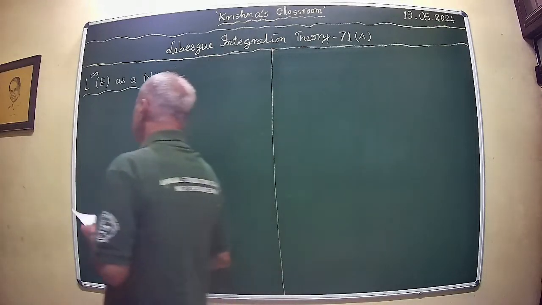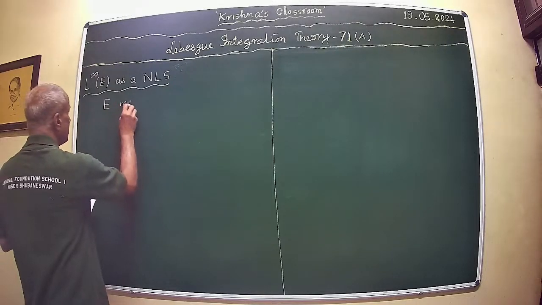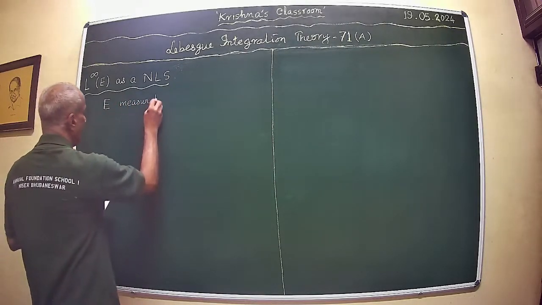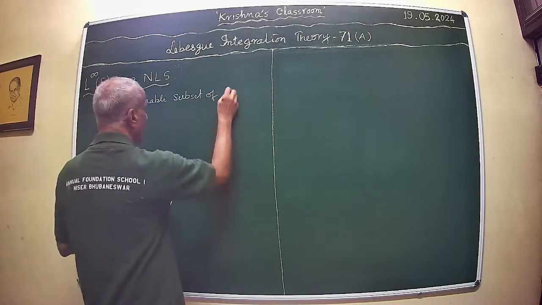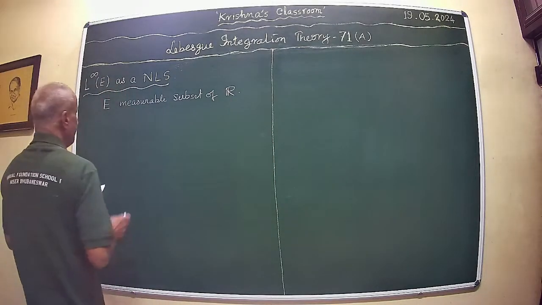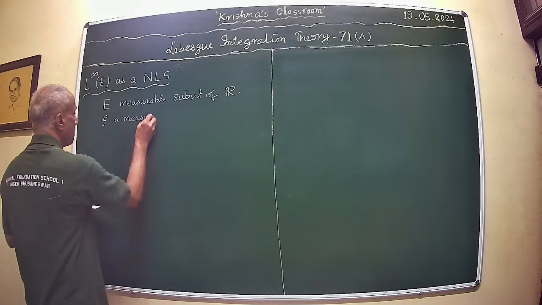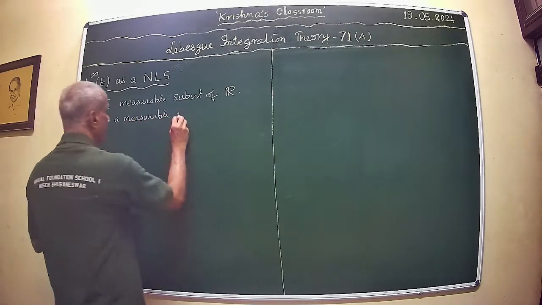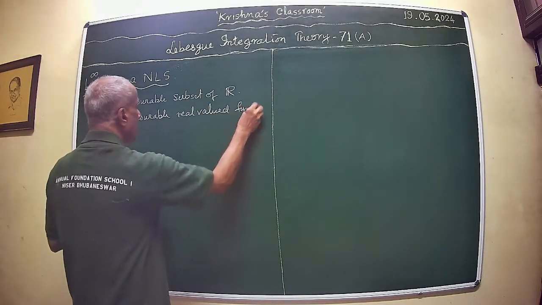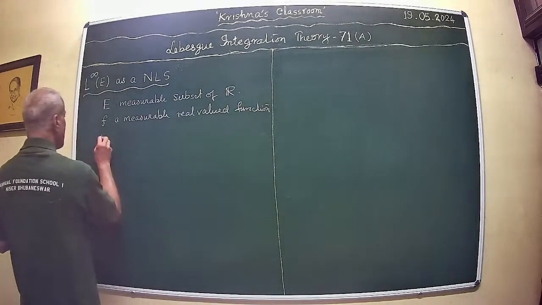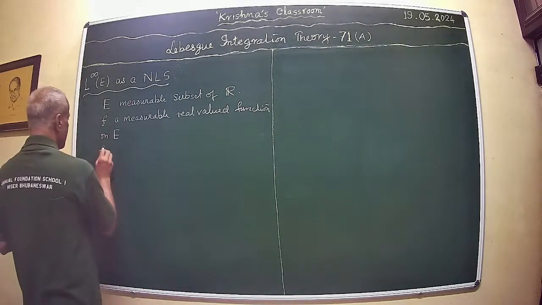Now, we had E as a measurable subset of R. Then we looked at all F, a real valued function on E. Then we introduced the following identification.